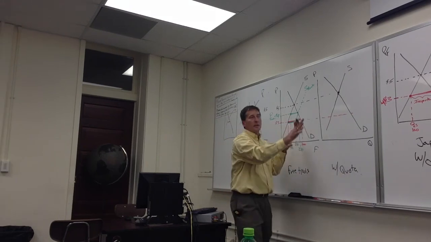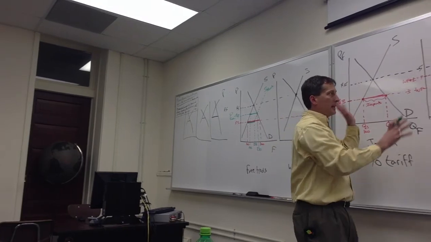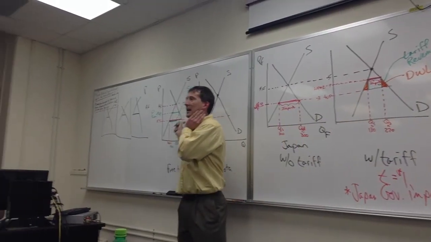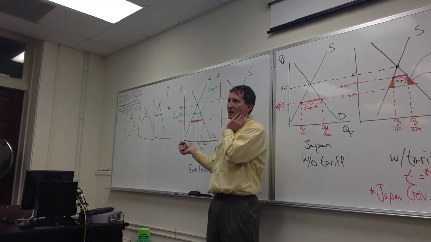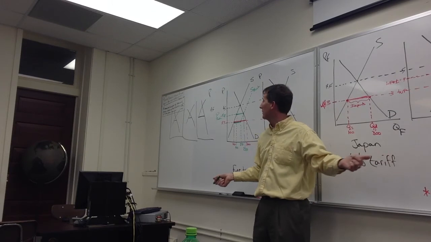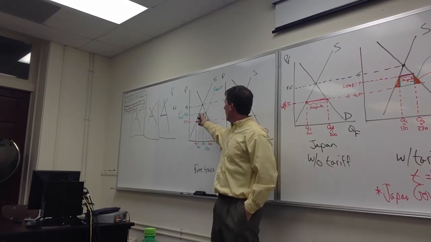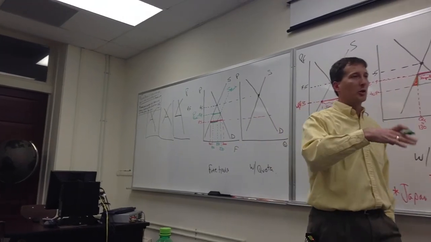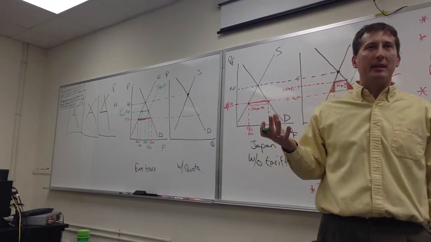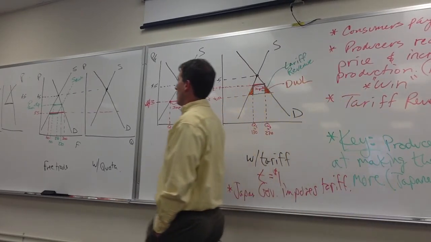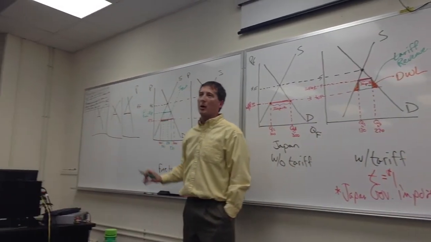The reason I wanted to do it this way was to show you the difference between the tariff and the quota, because let's analyze who benefits and who doesn't with the quota versus the tariff. So which one would the rest of the world like better if they were given the choice of a $1 tariff or a 140 unit quota?